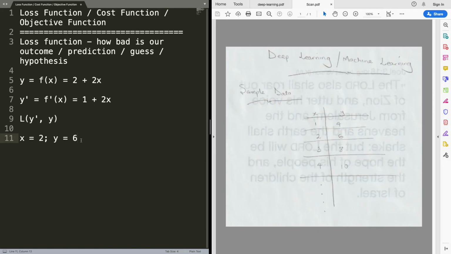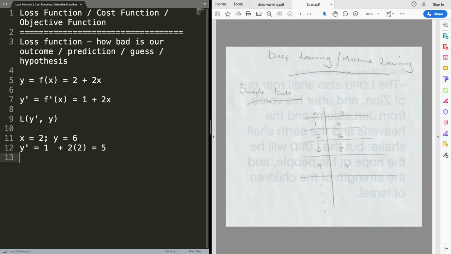But because the hypothesis function that we learned says it is 1 plus 2x, that is 2 times our x, which is 2, by the time you do this, you discover that we get 4 plus 1, which is 5. So our exact function says that y is 6, our predicted function says that y equals 5.